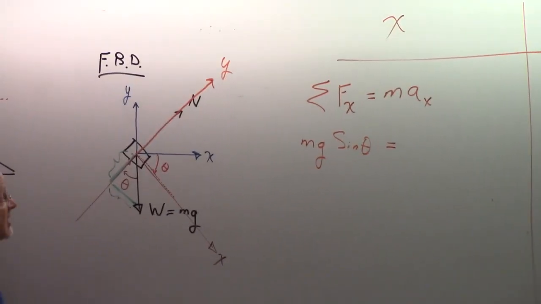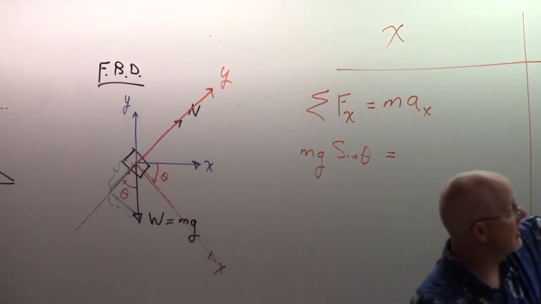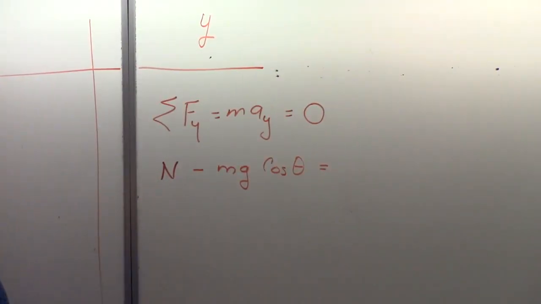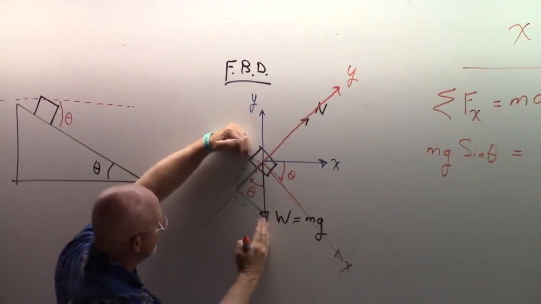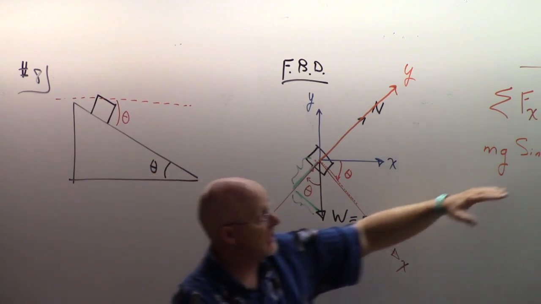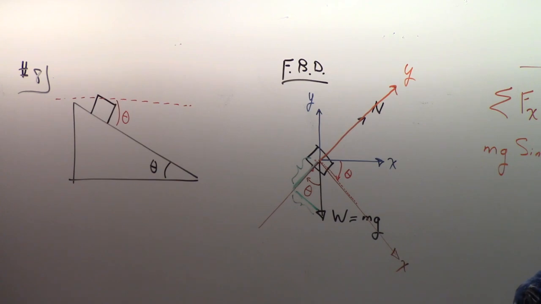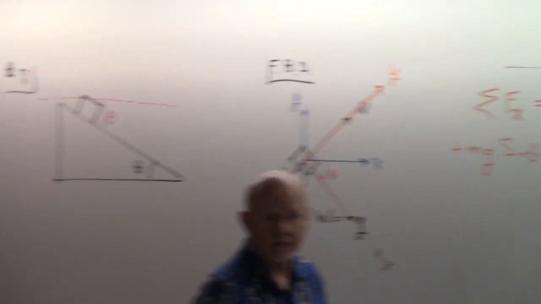And like I said, what's nice about it is once I tilt it, over here on the y-axis, the acceleration is 0 and the normal force is only on the y-axis. The sad part about tilting it is now the weight, mg, is not on either an x or a y-axis, so it has an x component and a y component. The y component is in the negative direction, so I'll put a negative, and the x component is in a positive.